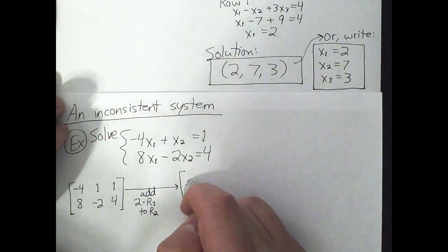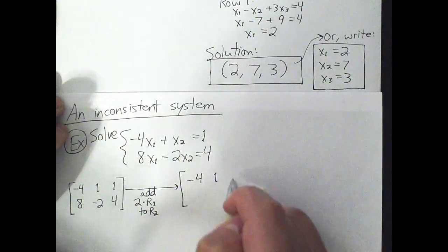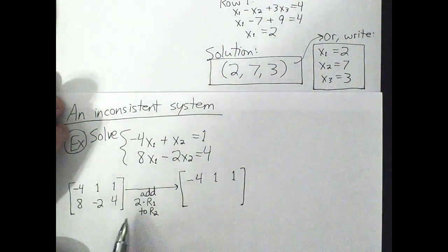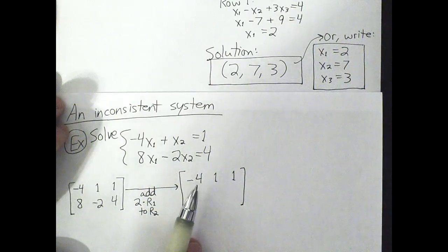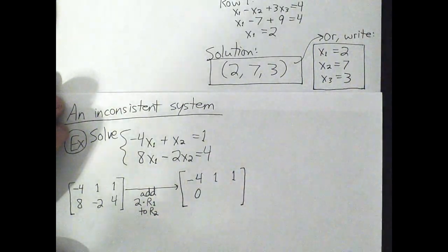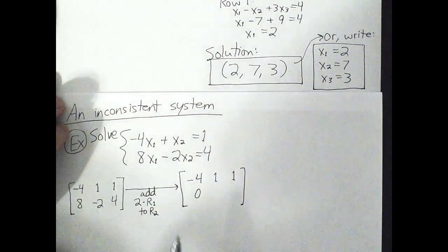Let's copy row 1. We're not changing row 1 right now. Two times -4 is -8. -8 gets added to 8. We get a 0. That's what we wanted. But we also have to do this to the other numbers that are in this row.